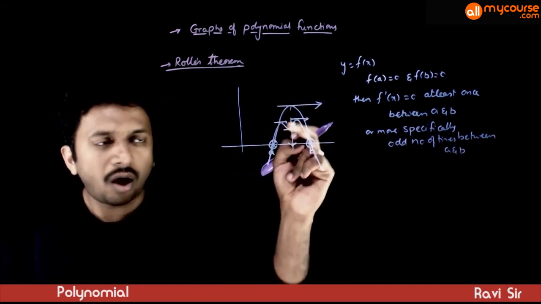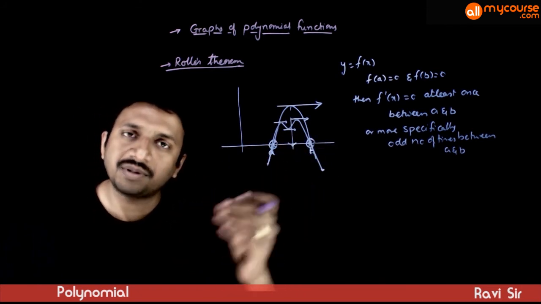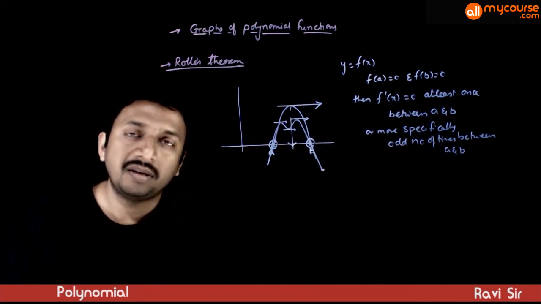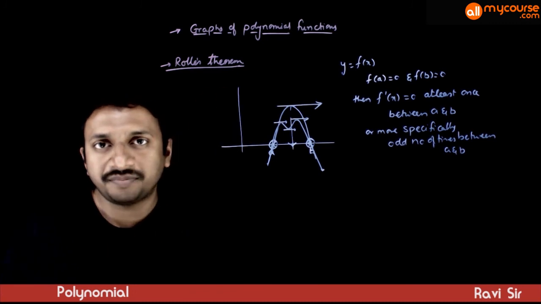So either once or 3 times or 5 times or 7 times, so on. So this is called Rolle's theorem.